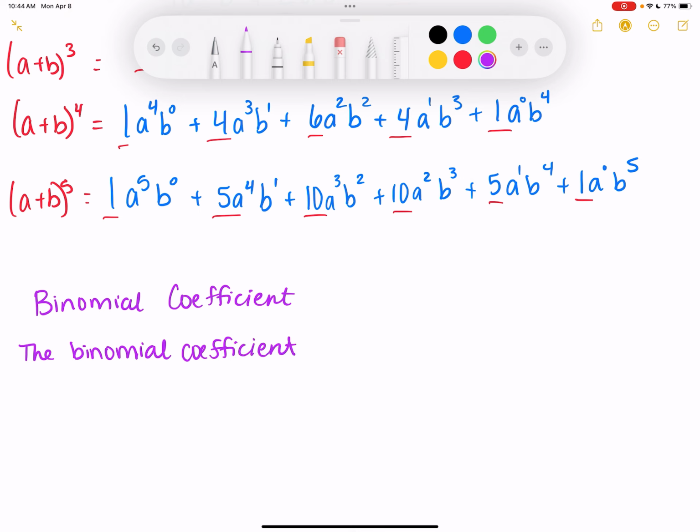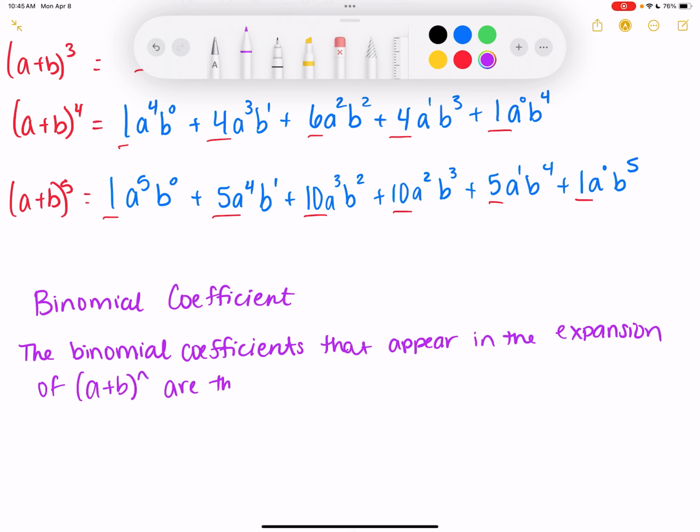Because in the AP book, all I really see is it asking you questions about this stuff, but some of this other stuff is just beneficial to know, so why not? So the binomial coefficients that appear in the expansion of a plus b to the n are the values of nCr.